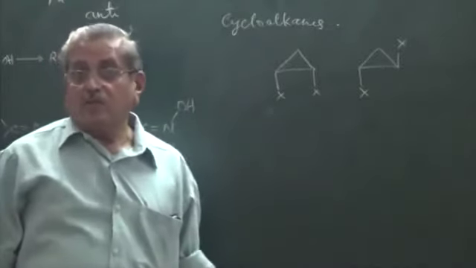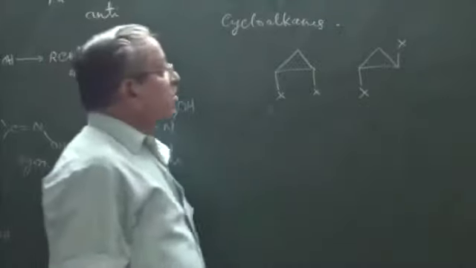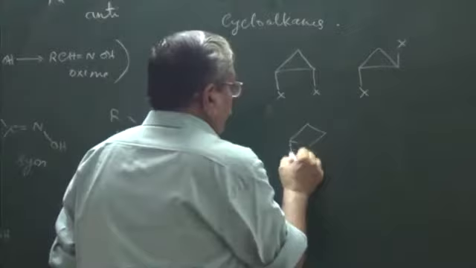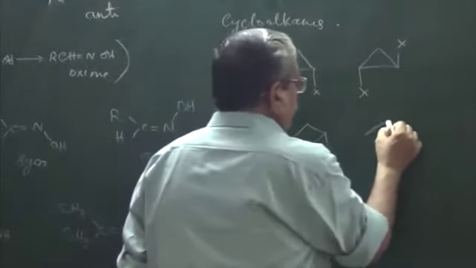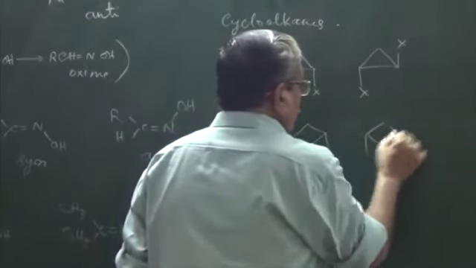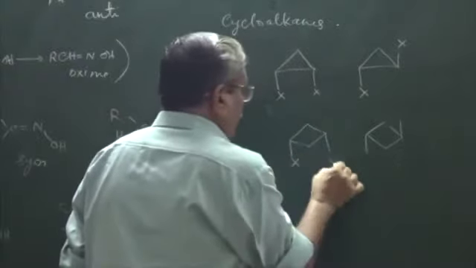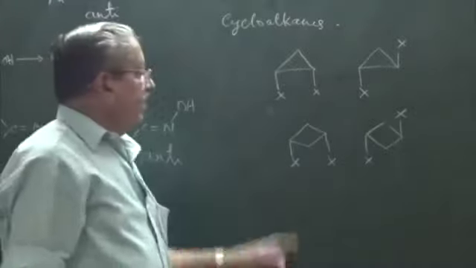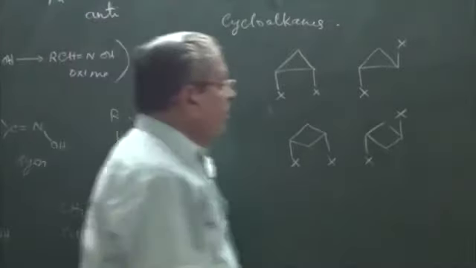They are geometrical isomers. Similarly, you may have cyclobutane. It can be 1,3 or it can be 1,2 also.